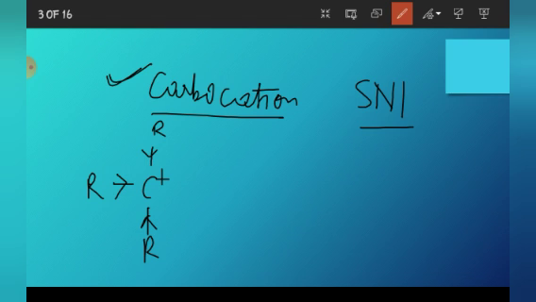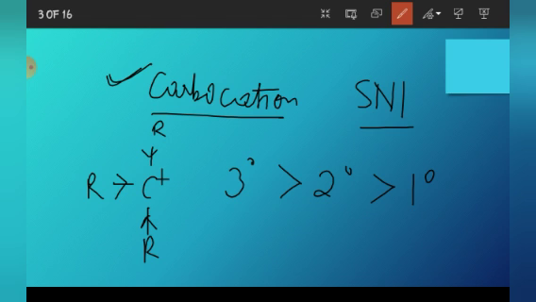So the order of reactivity is 3 degree, 2 degree and 1 degree. This was just a repetition of the reaction that we studied in our last chapter.